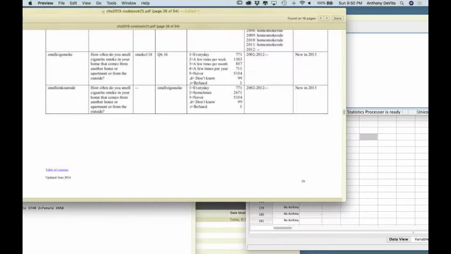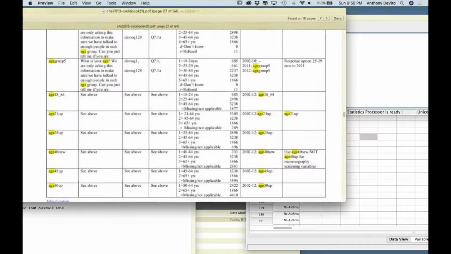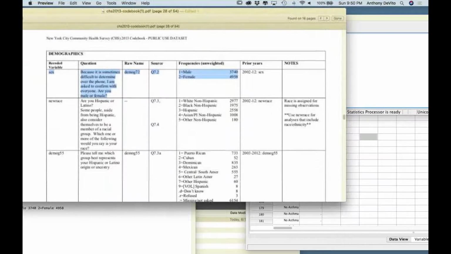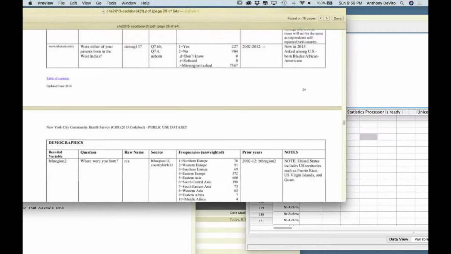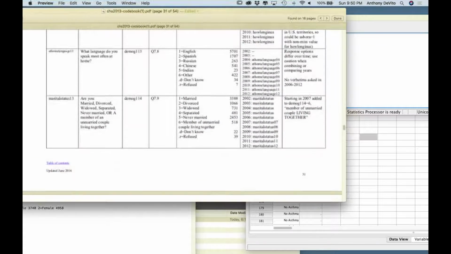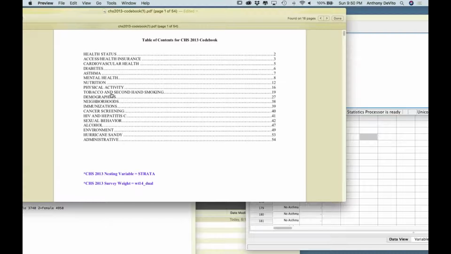Age group. Age. Interesting. I know there were some numerical variables here. Mental, physical, demographics, health insurance, diabetes, mental health, demographic.